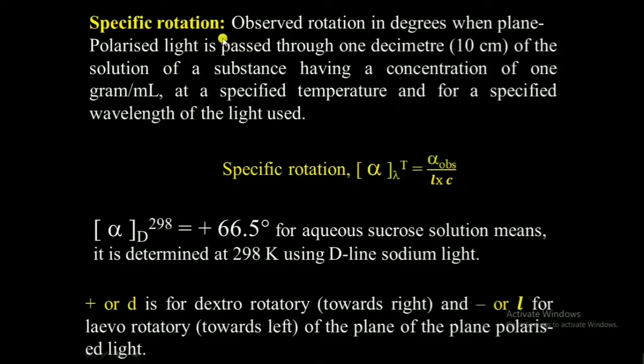Specific rotation has the same value for the same substance, because whatever the observed rotation, you can convert it into specific rotation by dividing the observed rotation by the length in decimeters and the concentration in gram per ml, provided the experiment is conducted for a particular wavelength of light and at a particular temperature.